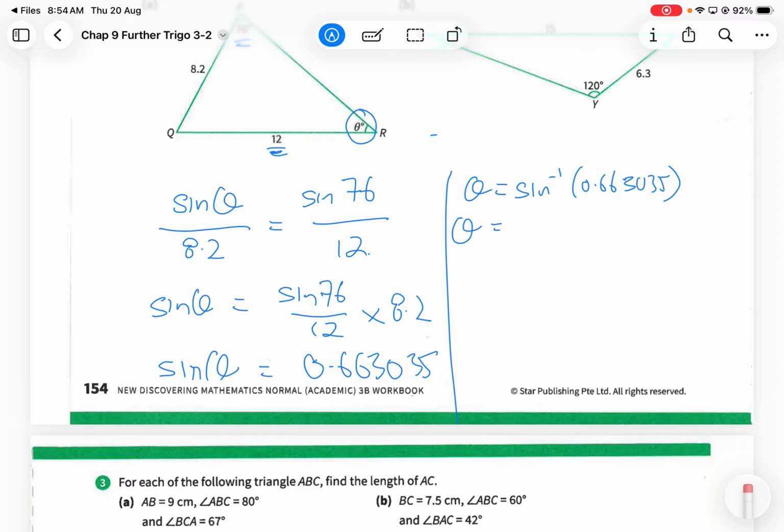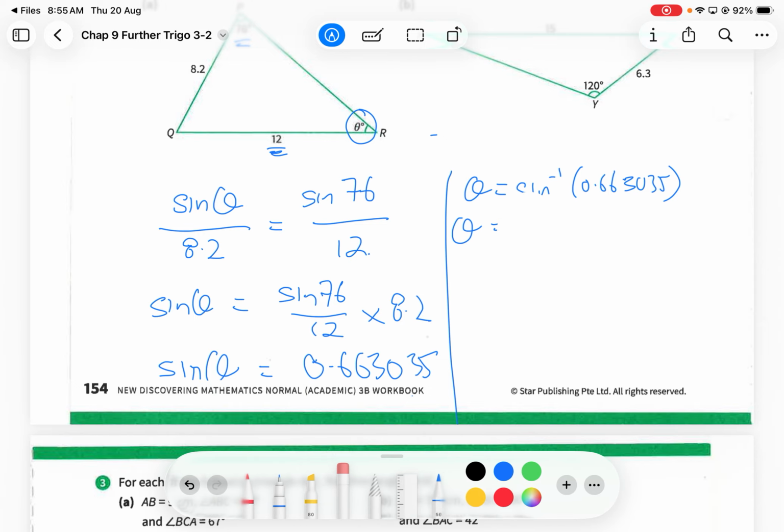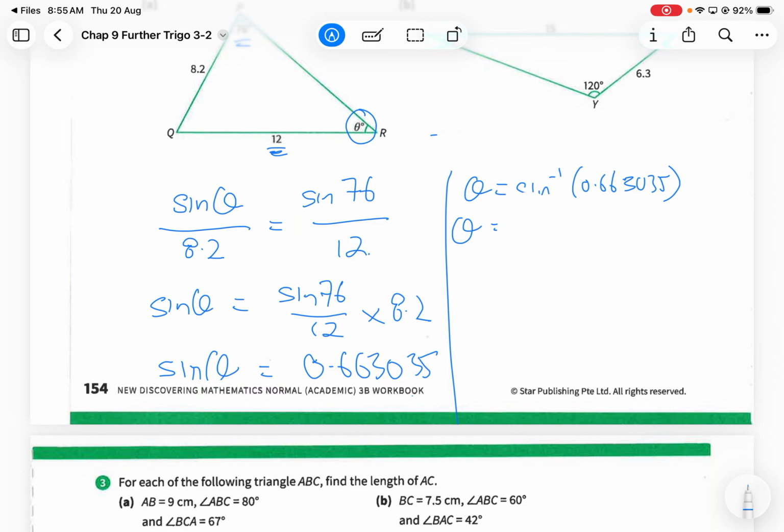After I sine inverse it, then it will become the angle. 41.5317. For angle, we give to 1 decimal point.